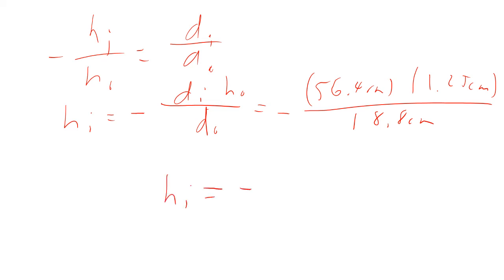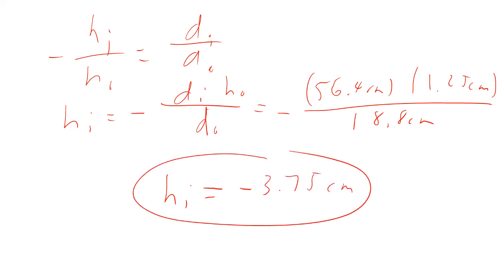So HI is negative. Now, again, negative means it's upside down. That comes out to be negative 3.75 centimeters. What's the magnification? Magnification is HI over HO.